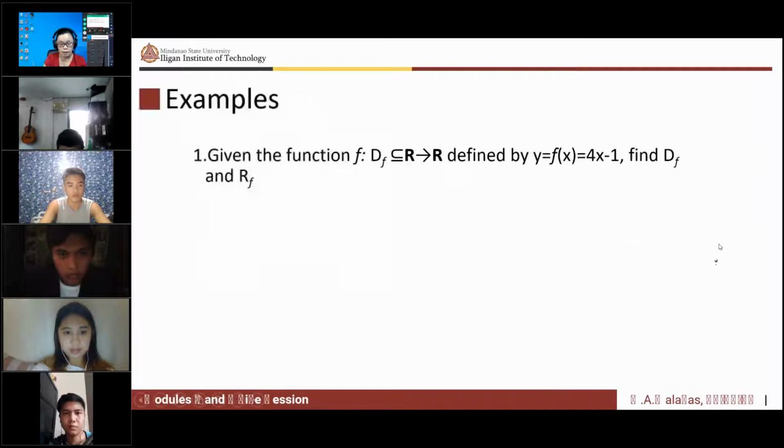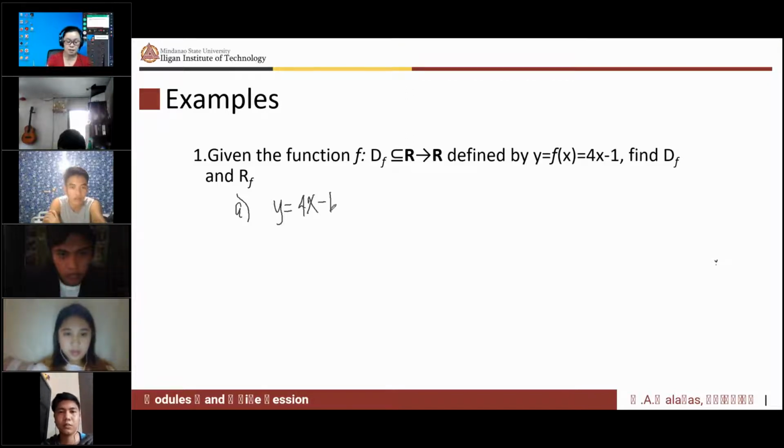So for example, we're just giving you this simple example. The function f defined by y equals 4x minus 1. Find the domain and the range. Very simple. First, the domain: the function is already written explicitly in terms of x.